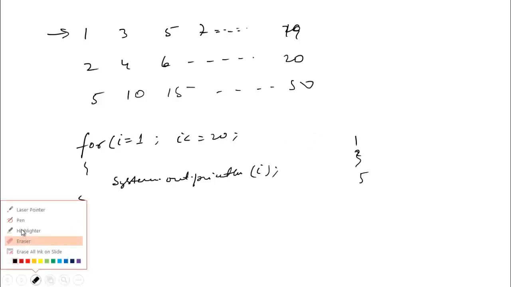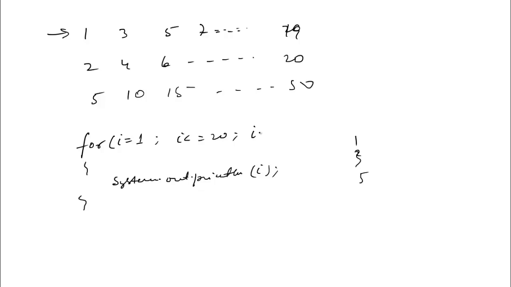I write here i += 2, so it will increment by 2. When it starts from 1, we check whether i is less than or equal to 20.